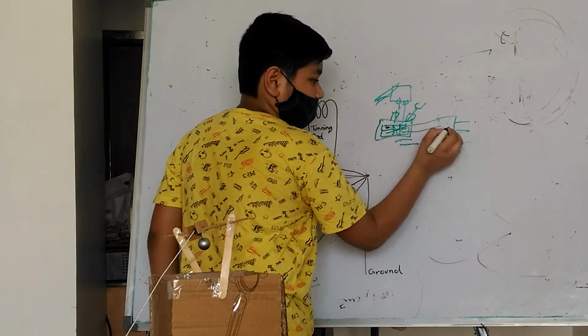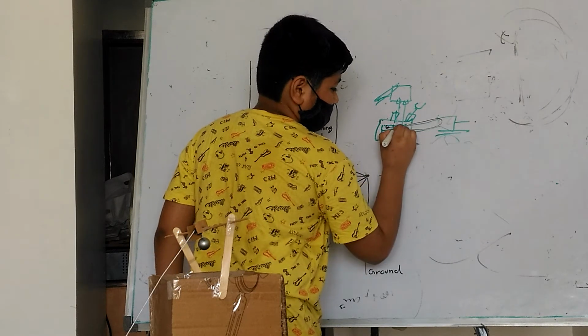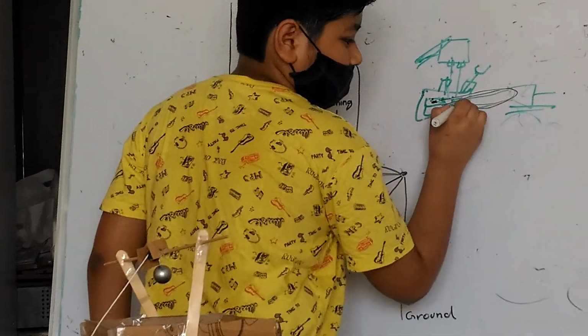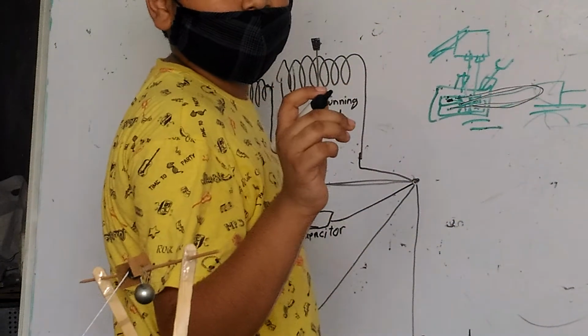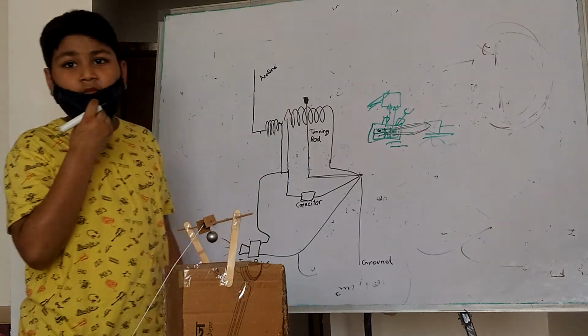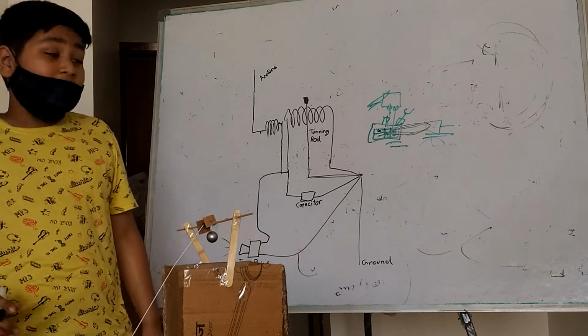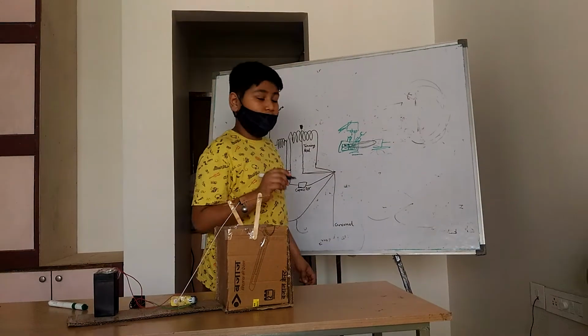So if it was going like this, it will now go like this if you press the other button. Okay. So when you change the direction of the current, the motion of the motor reverses, and that's how. Yeah, okay.